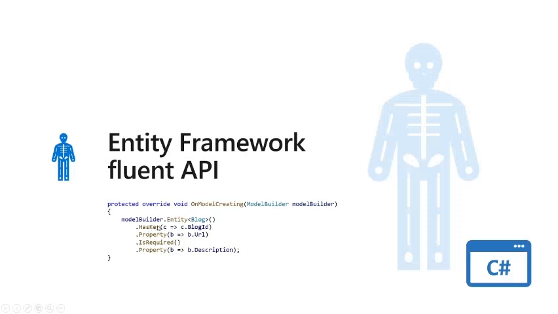So you say HasKey blog ID, property b.url is required, property description. So you simply specify that, and then it cannot be null. All those properties of a SQL database you can specify directly from your C# code. You don't even need to go to your database and create tables.